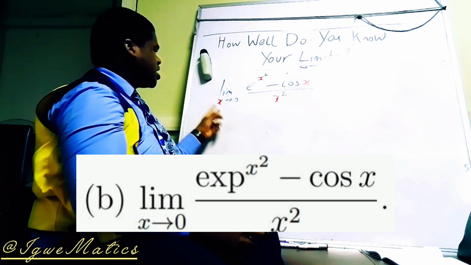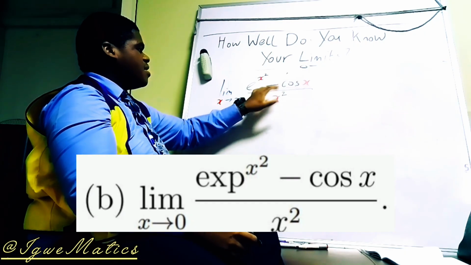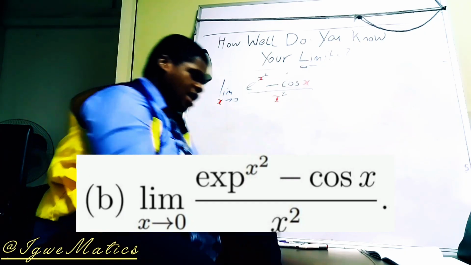Let me use the red pen for this. So we have the limit as x tends to 0 of e to the power of x squared minus cos x divided by x squared.